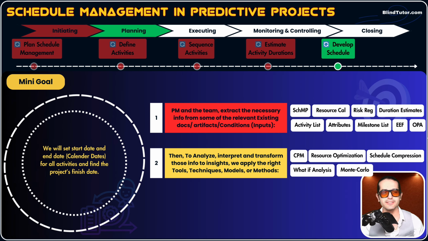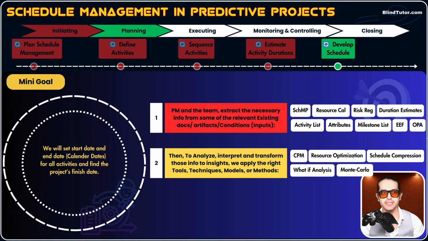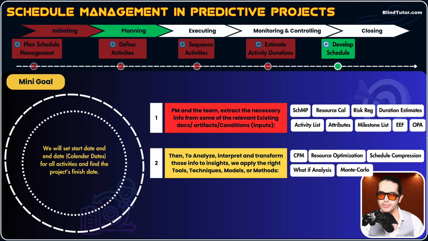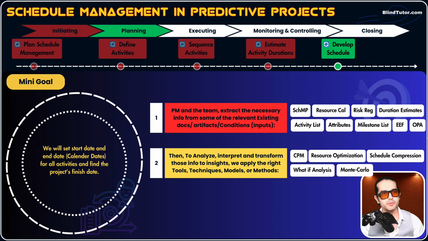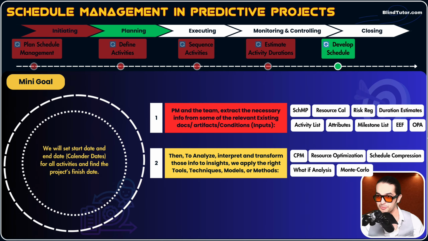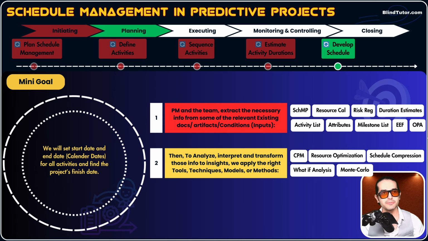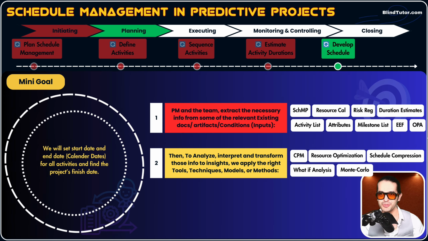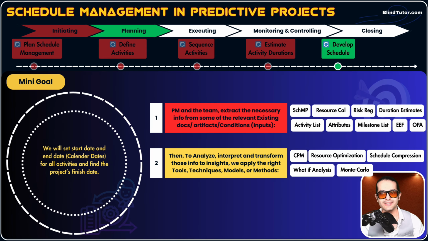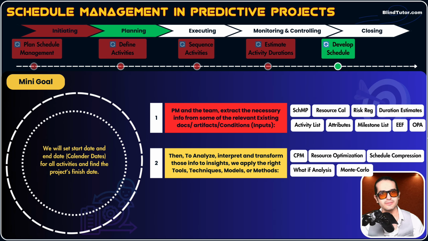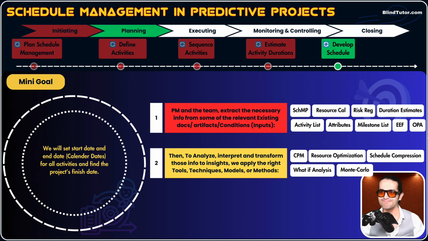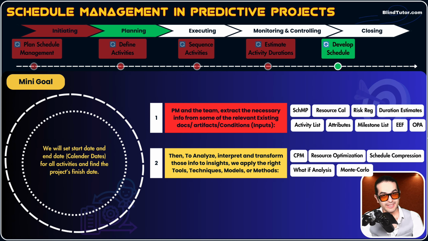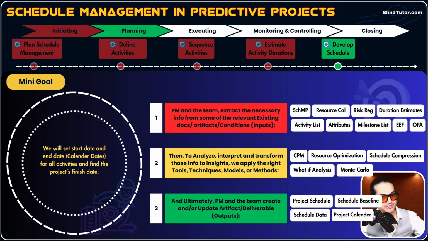We're going to use critical path method, CPM, which is super important. We're going to use resource optimization, very important. We're going to use schedule compression, super important. We're going to use what-if analysis, Monte Carlo. All of them are new. Isn't that exciting? I think we're going to have lots of fun, guys.